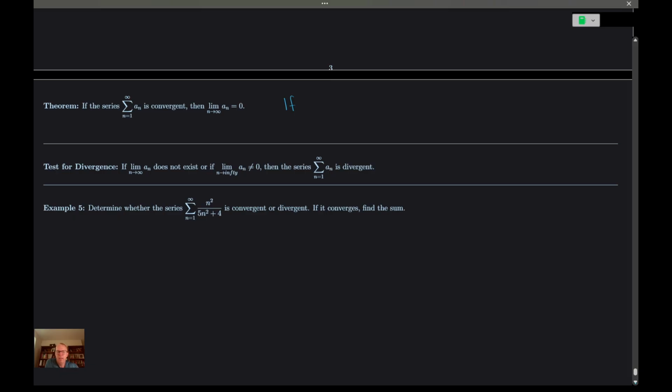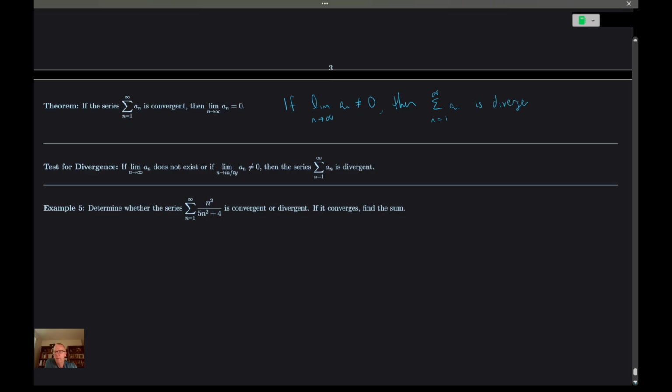The opposite of the limit equals 0 would be the limit does not equal 0. So if the limit as n approaches infinity of a sub n is not equal to 0, then, the opposite of convergent is divergent, so the series from 1 to infinity of a sub n is divergent.